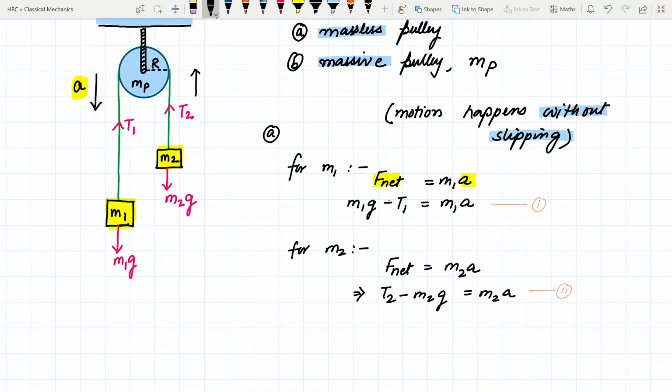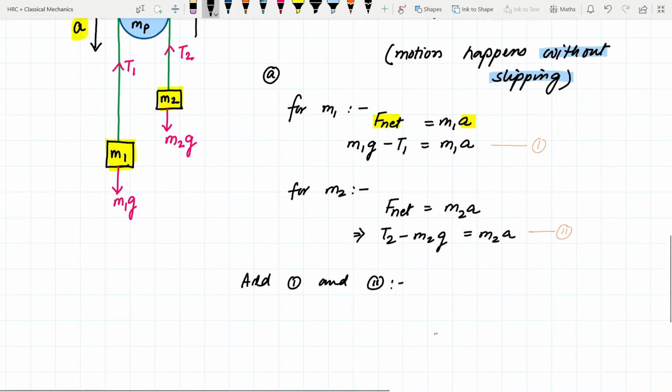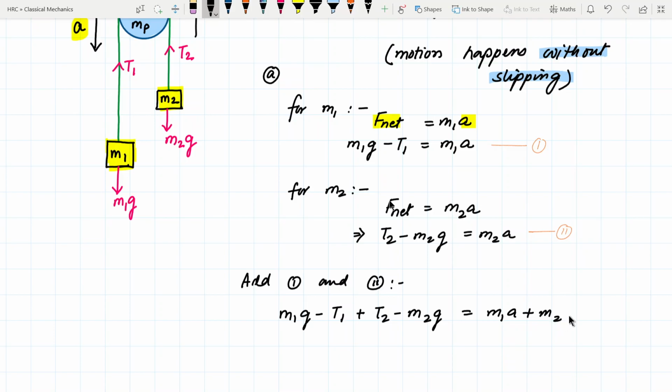Now, let us add these two equations. Add 1 and 2, and I end up getting M1G minus T1 plus T2 minus M2G is equal to M1A plus M2A.